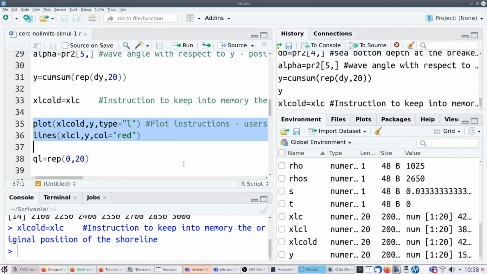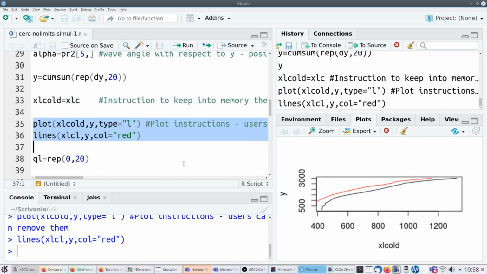And the plot is showing the lines of coastline and limiting coastline. So it is built by y coordinates, and this is y. You see the black line that is shifted a little bit because the black line and the red line are built for the same y's and different x.